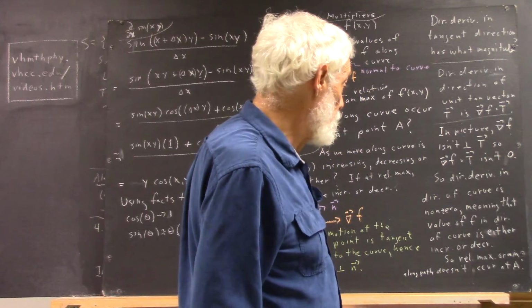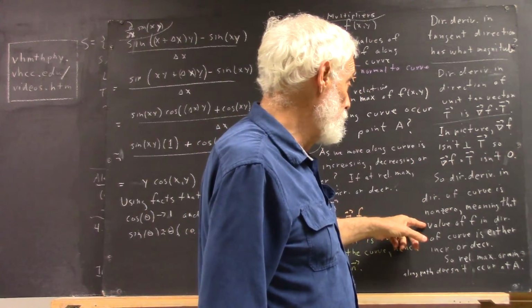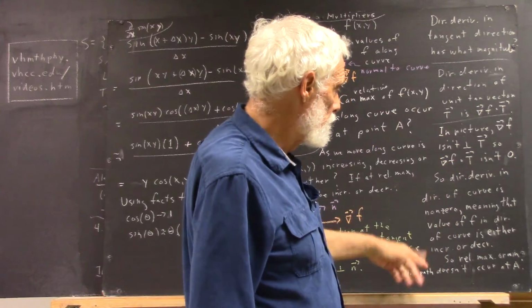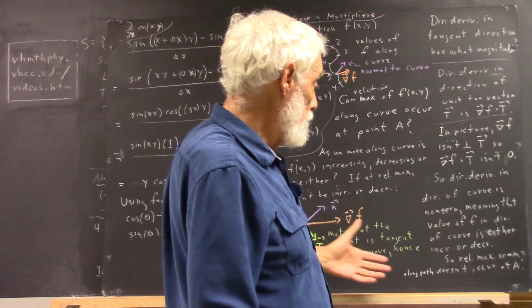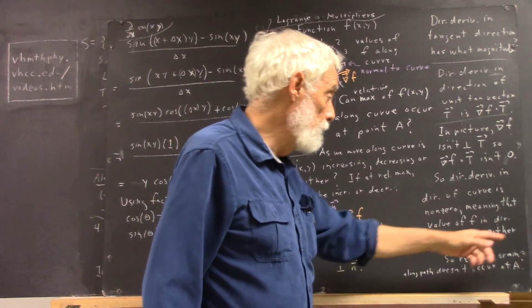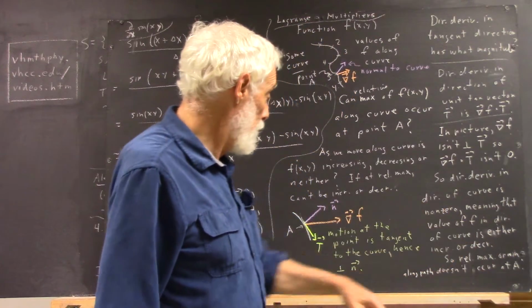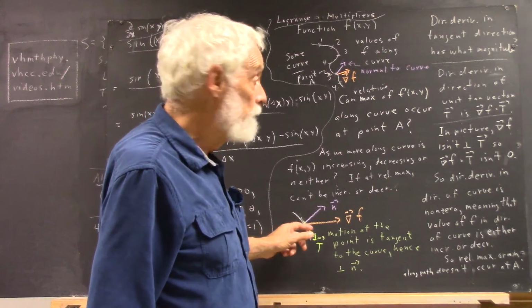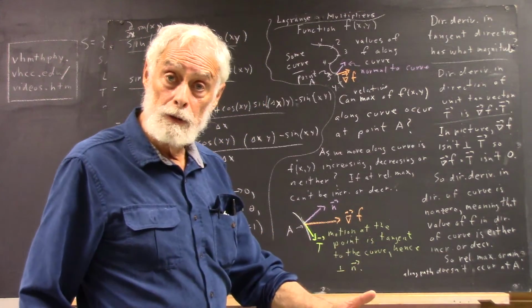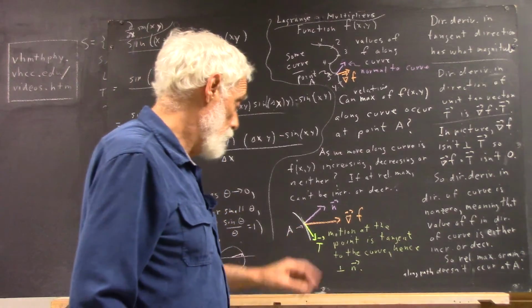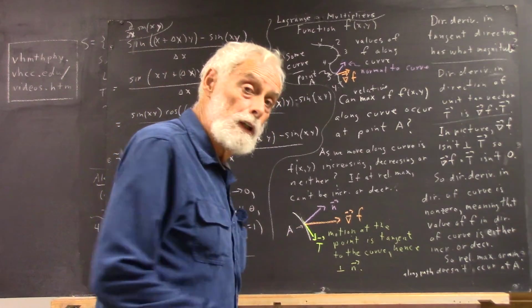It follows that the directional derivative is non-zero, meaning the value of the function along the curve is either increasing or decreasing. And it follows from what I said earlier that a relative max or min can't occur at this point. So what's the condition under which a relative max or min could occur? Think about that, and we'll pick that up next.